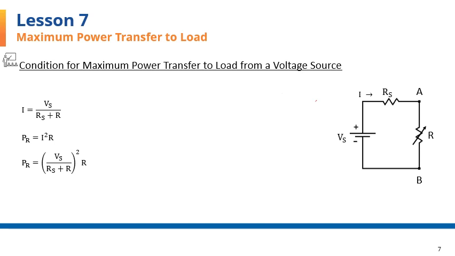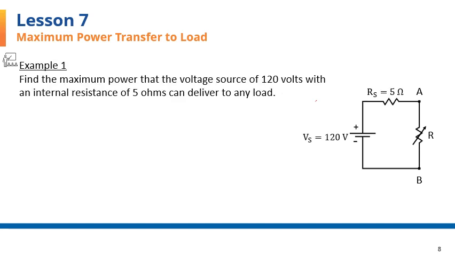Let's see a numerical example using the fact discussed here. Here we have a voltage source of 120 volts with an internal resistance of 5 ohms that is connected to a variable load. We are asked to set R, the load, to its power maximizing value and to calculate the maximum power delivered to it.